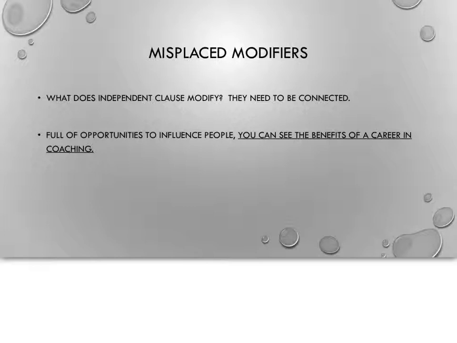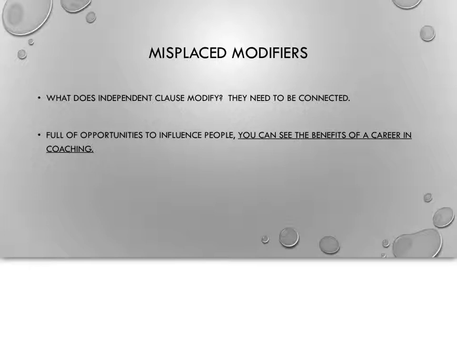It is very important that you ask the question, what do the clauses modify? They need to be connected to one another. So I have a clause, "full of opportunities to influence people," and then underlined, "the benefits of a career in coaching." Well, full of opportunities to influence people, what is that modifying? That's actually modifying the career.